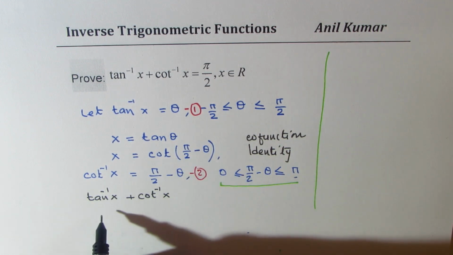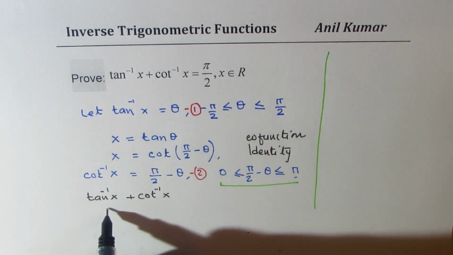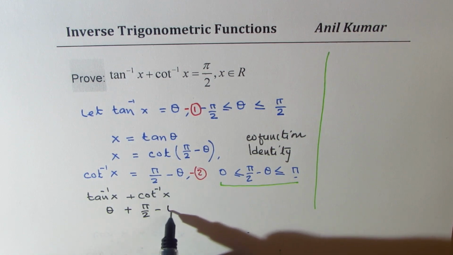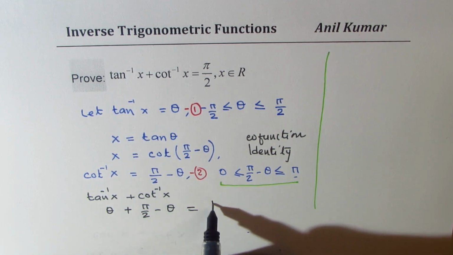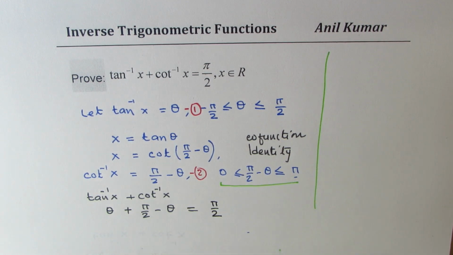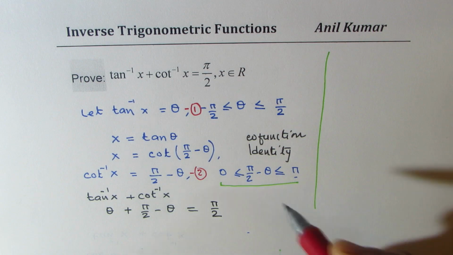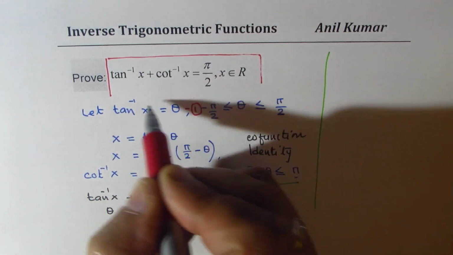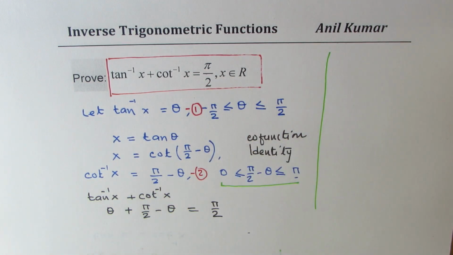For tan inverse x, it is theta. And for cot inverse x, it is pi/2 minus theta. So when you combine, you do get pi/2. Is that okay? So that is how you prove the identity. So we have again shown how to prove this particular identity. Correct?